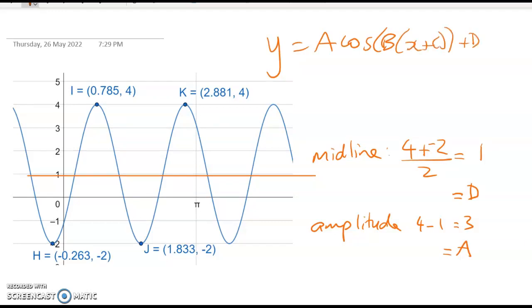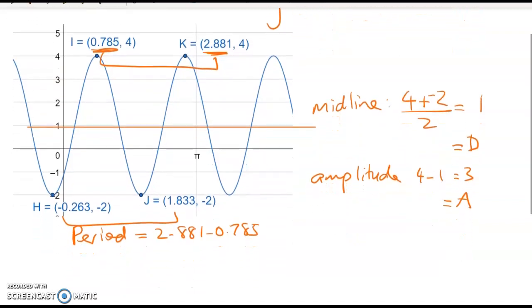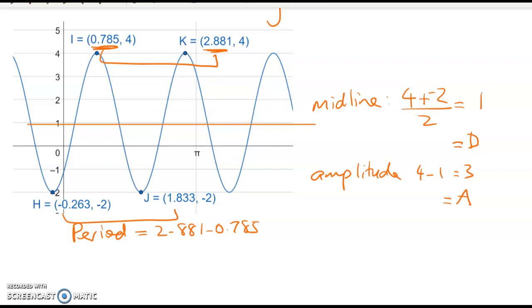So we're doing that. What else do we need to find? Well, we need to look at the period of the function. So the period of the function is not going to be 2 pi. One cycle, or I could use those two there, one cycle will be 2.881 minus 0.785. So you can see it's something a bit funny with this one here. What do we get? We get 2.096.